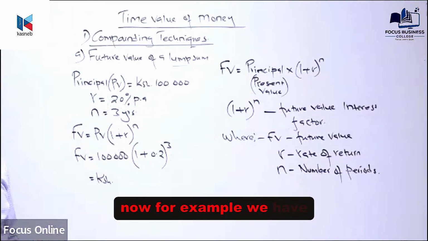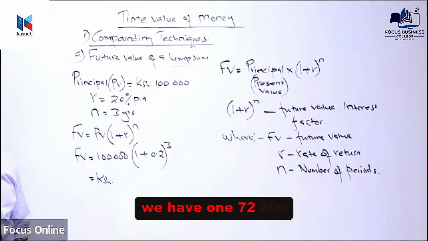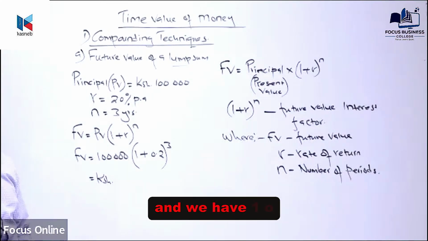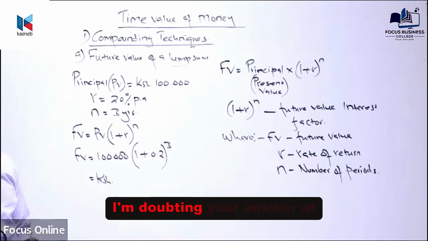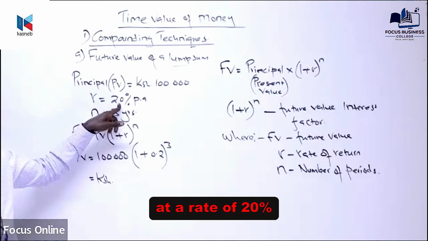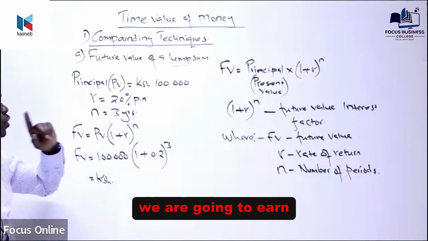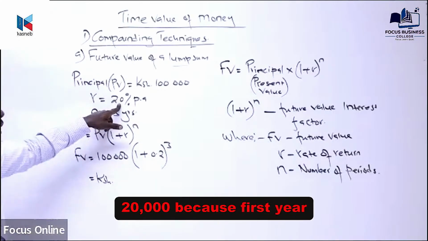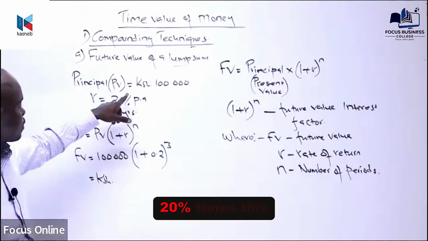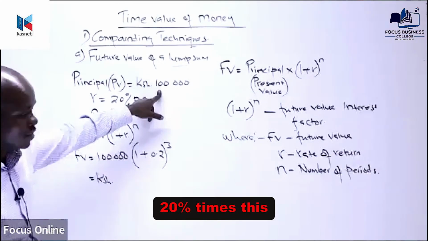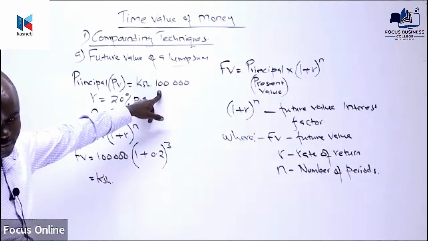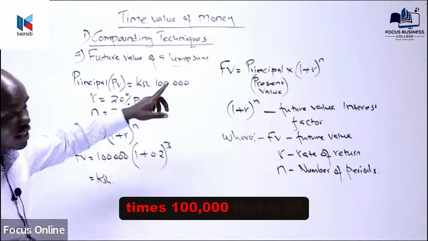Now, for example, we have two answers here. We have 172,800 and we have 106,120. Alice, I'm doubting your answer. At a rate of 20%, even in the first year, we are going to earn 20,000, because in year one, 20% times 100,000 is 20,000.